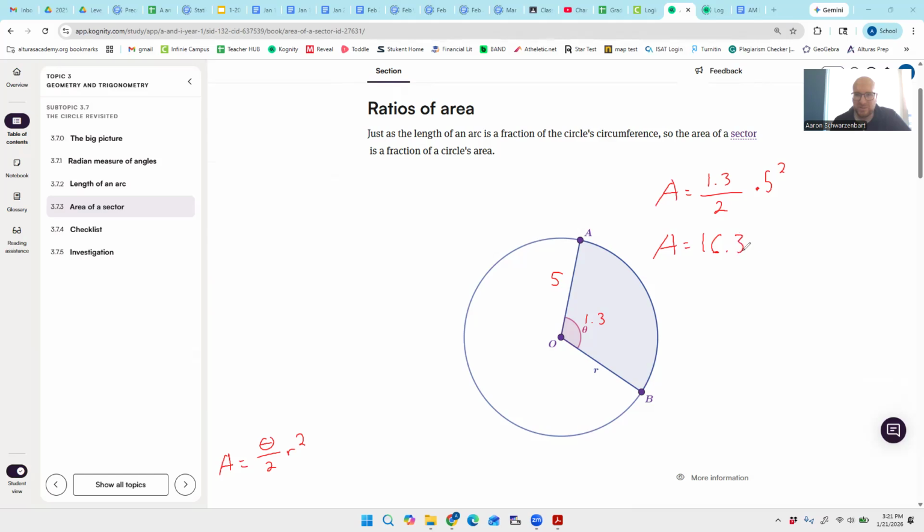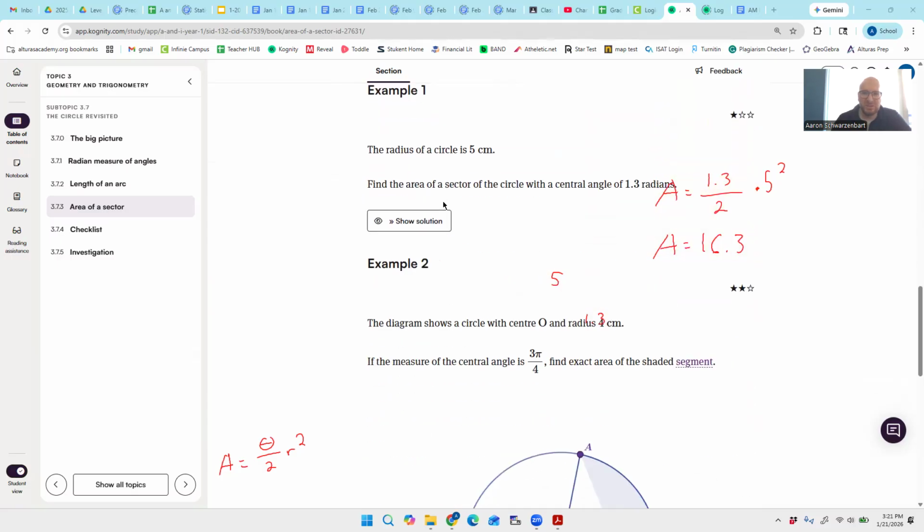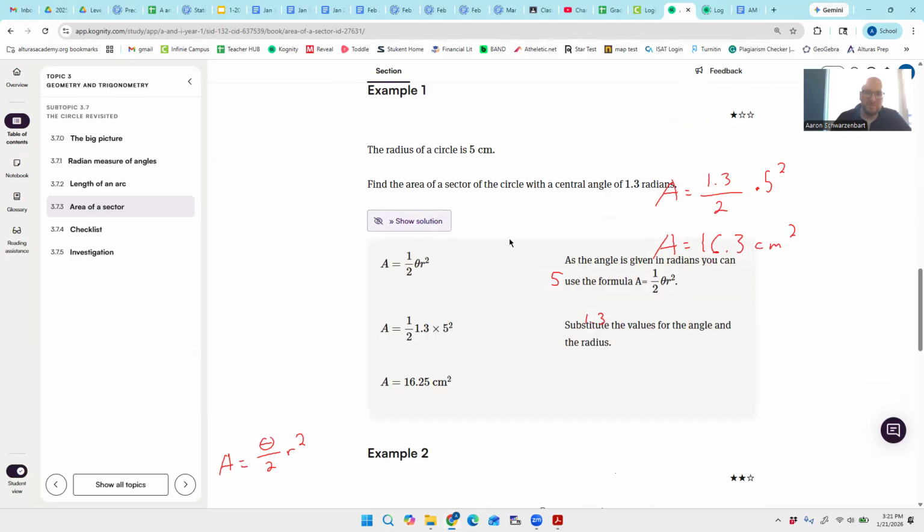We'll call it 16.3. And I'm guessing this is square centimeters. Yes. They didn't give it to 3 sig figs, so, well, 16.25, fine. Usually that's the 3 sig figs, but, you know, whatever.